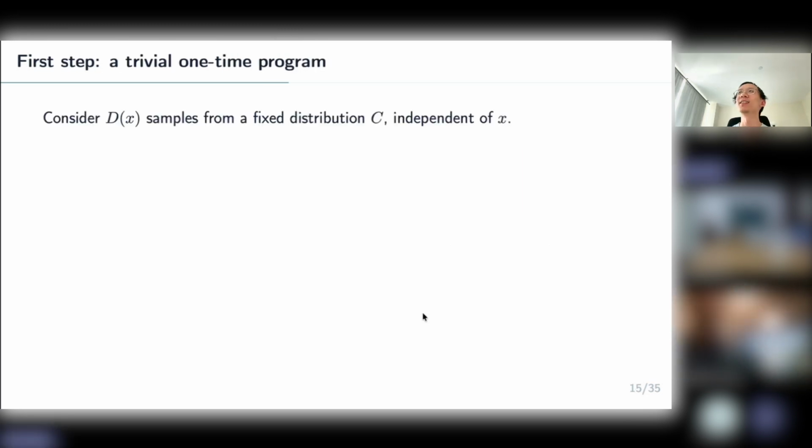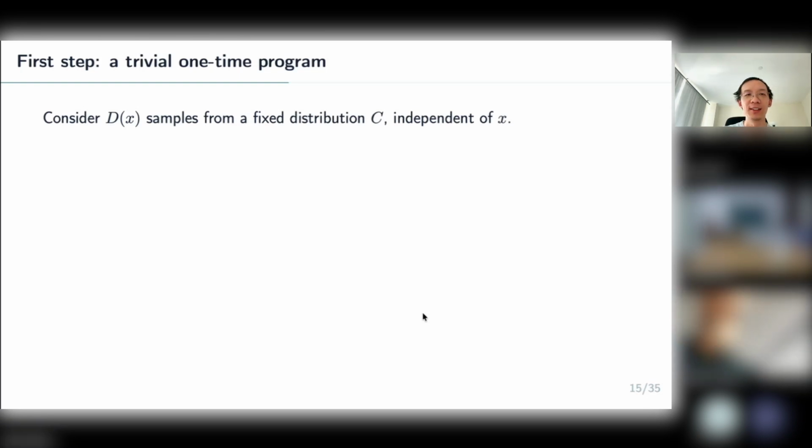Okay, so suppose we are just trying to investigate best possible one-time programs. What do you do? Well, here's a very interesting functionality that you might consider. Consider the following functionality, D, where upon input X, the functionality is actually going to ignore X, just sample from a fixed distribution, and then output that sample.